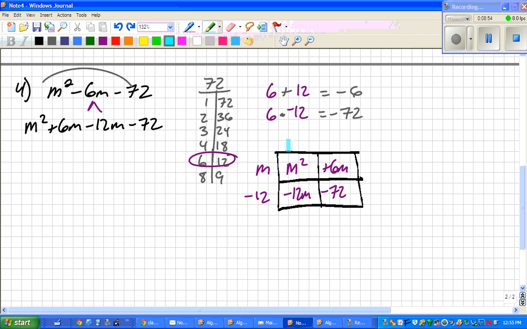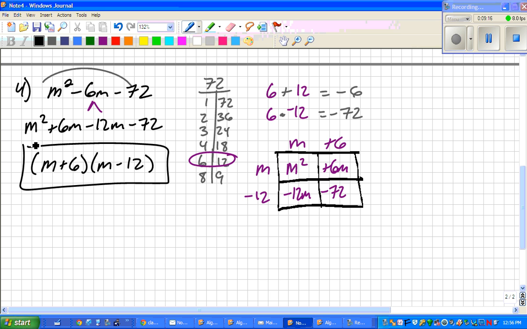Of the left column, it's m. And the right column, it's positive 6. And there we get our two binomials of m plus 6, m minus 12. Okay?